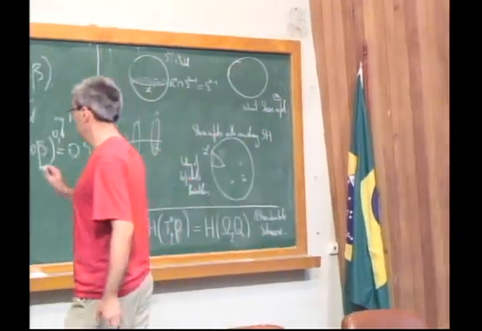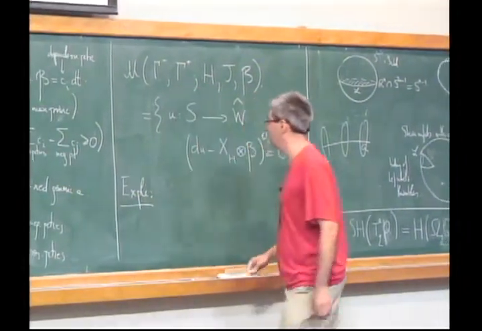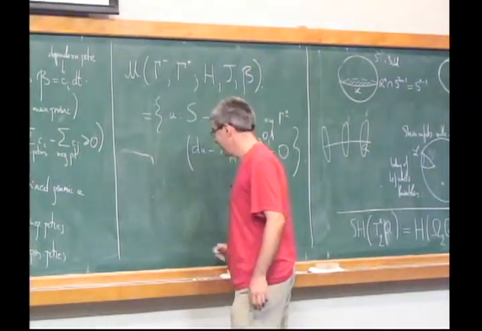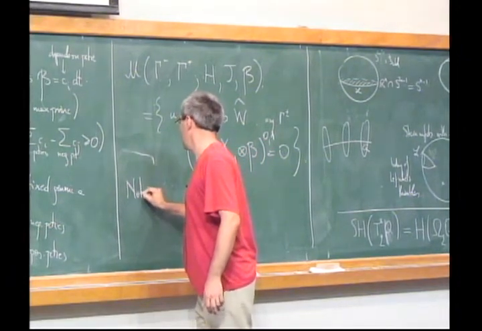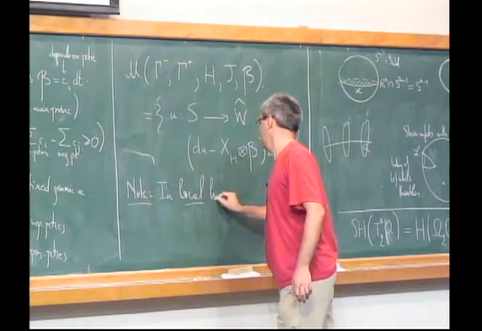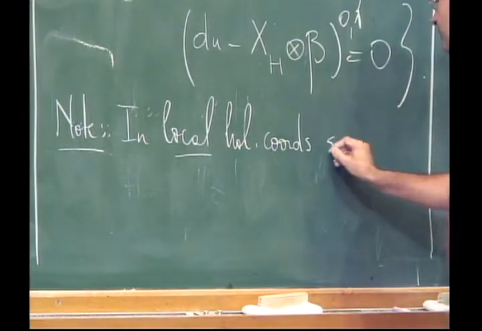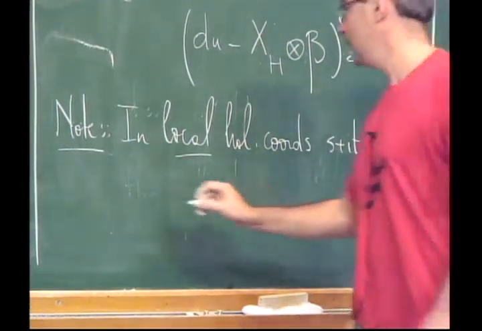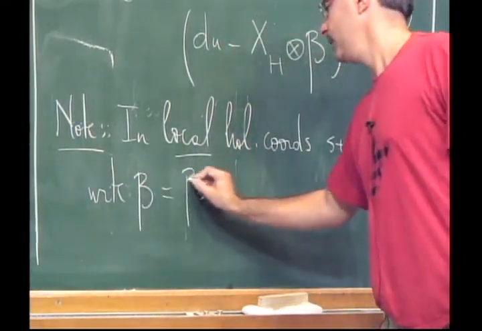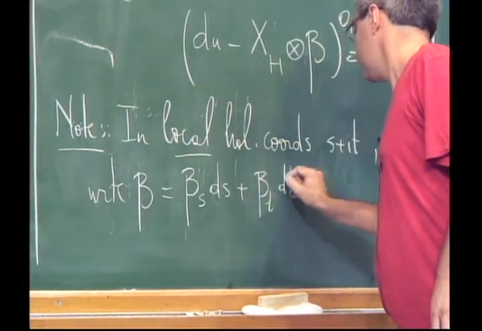Yeah? So, example. Actually, no example. Let me write, note, this is in local holomorphic coordinates s plus it. Of course, I can write beta as some coefficient beta_s ds plus beta_t dt, yeah?